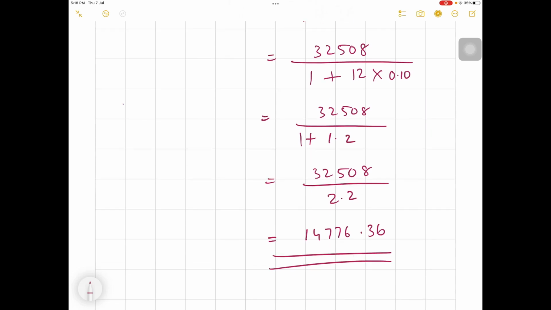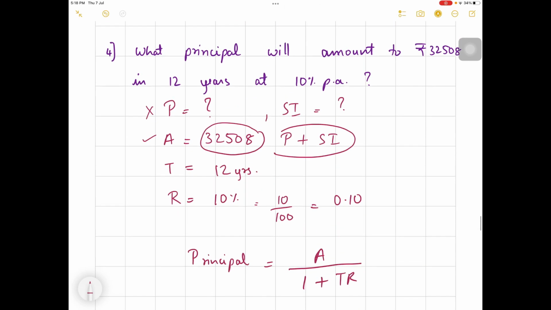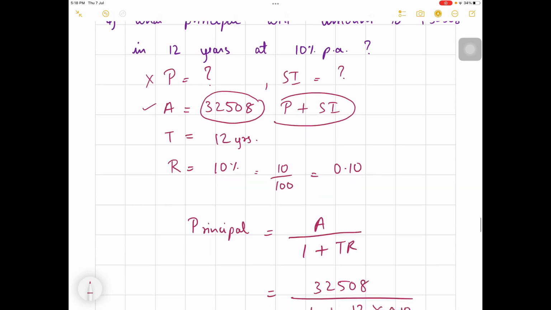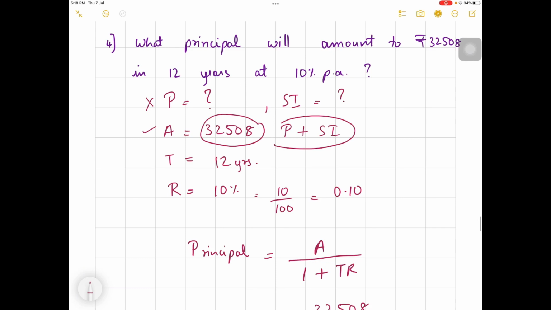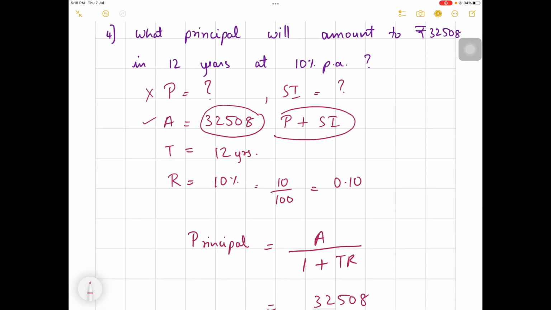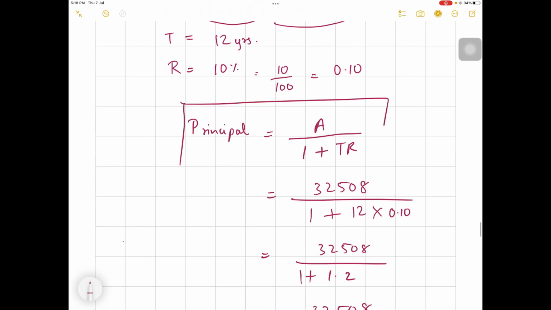Principal is asked and you have found the principal. What principal will amount to? When amount is given, term is given, rate is given, and you don't know the principal and you don't know the simple interest, then this formula you will use.